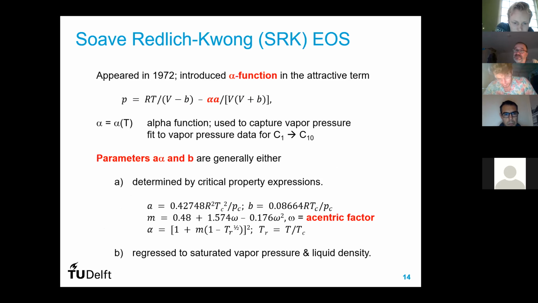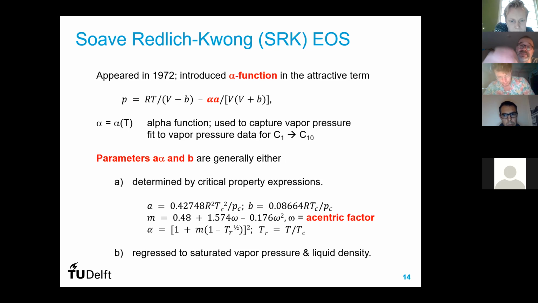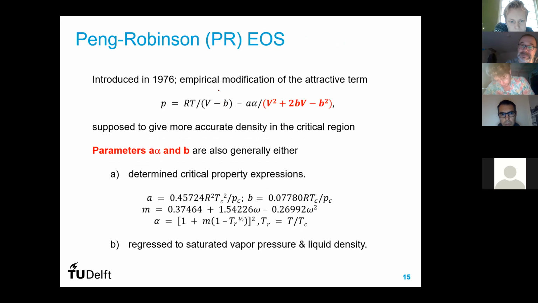In general, this is the equation of state that is mostly used now in chemical engineering and petroleum engineering, and it's called the Soave-Redlich-Kwong equation of state. If you compare these two, they introduced 2 things. They introduced this correction alpha function here.